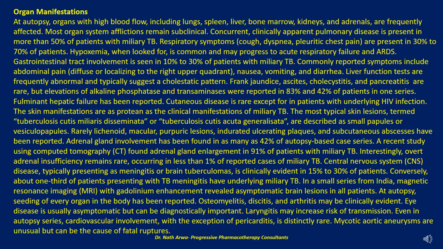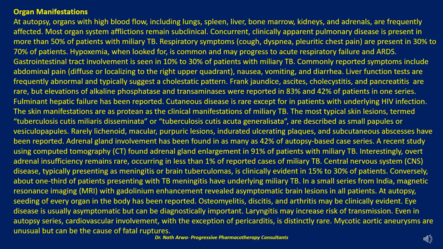Concurrent, clinically apparent pulmonary disease is present in more than 50% of patients with miliary TB. Respiratory symptoms, cough, dyspnea, pleuritic chest pain, are present in 30% to 70% of patients. Hypoxemia, when looked for, is common and may progress to acute respiratory failure and ARDS.